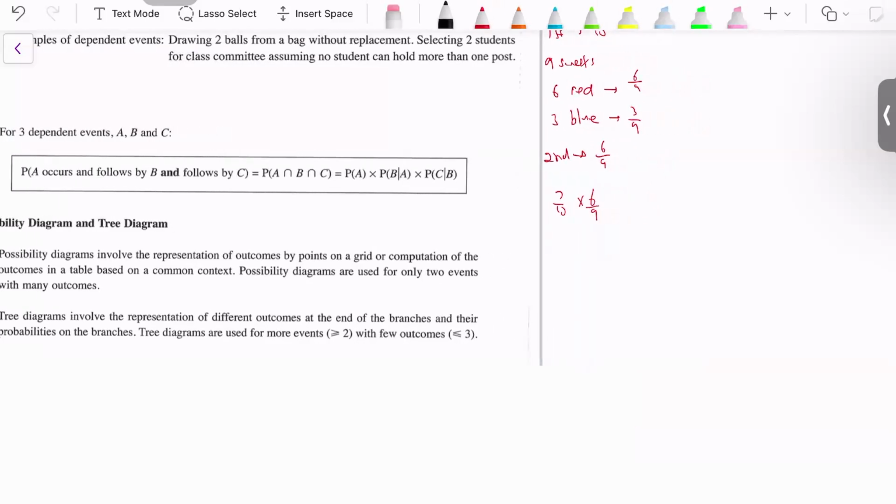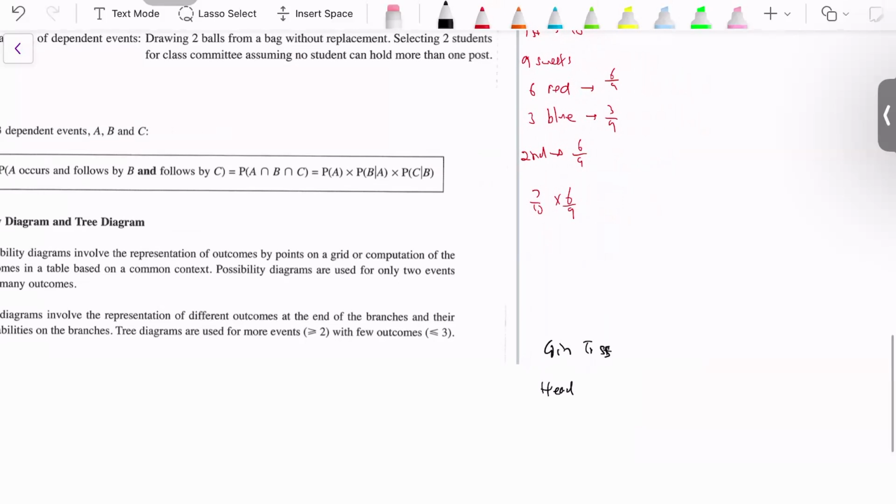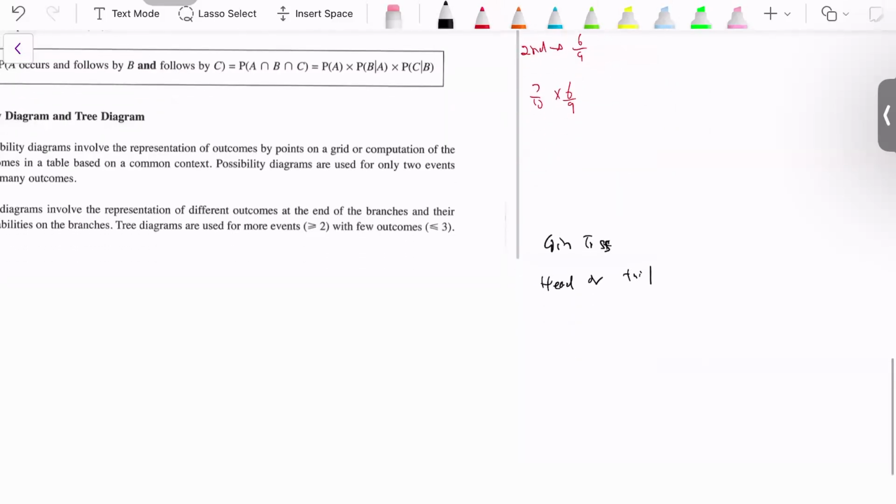Okay. So in this case, how we will draw is this. Let's say we go back to the coin toss, where there are only 2 probabilities, which is head or tail. Okay. So how do we draw this tree diagram to display this?